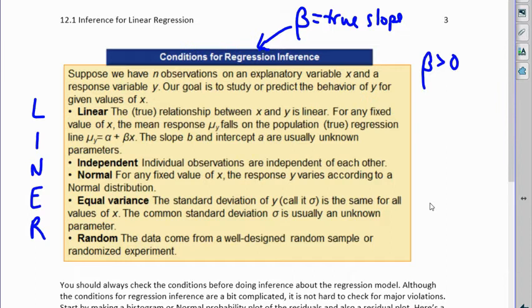Is it a positive slope? Is it a negative slope? Or is it just any kind of slope at all?